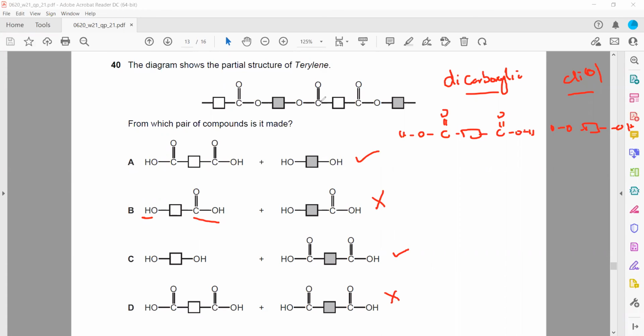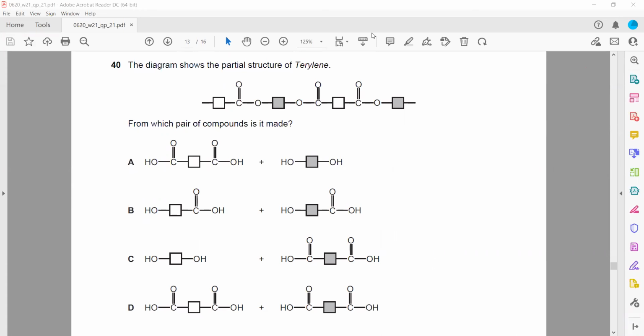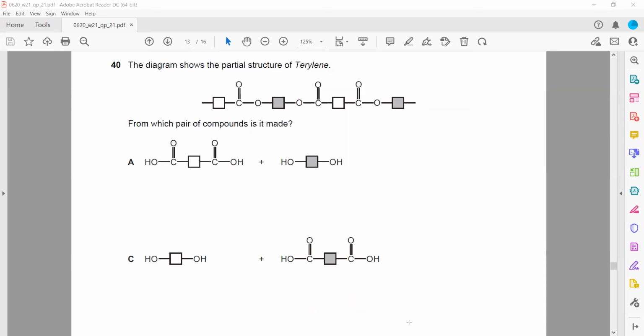Now we have to check if they react with each other, because dicarboxylic acid and diol will result in the formation of a polymer.